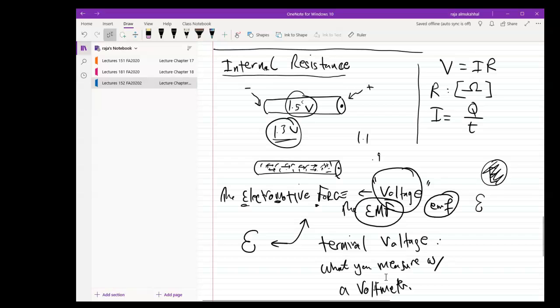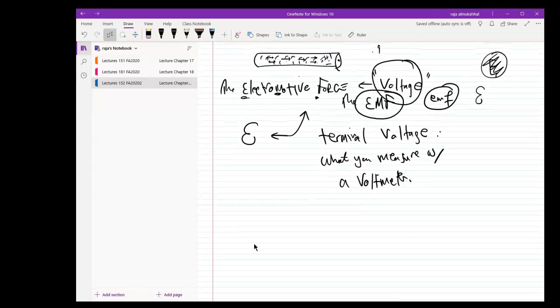So the difference between the EMF, which is for the brand new ideal battery with zero internal resistance, and the terminal voltage V sub T, I forgot to mention that, will give you the internal resistance, but we're going to write the internal resistance as a small letter r. Remember Ohm's law?